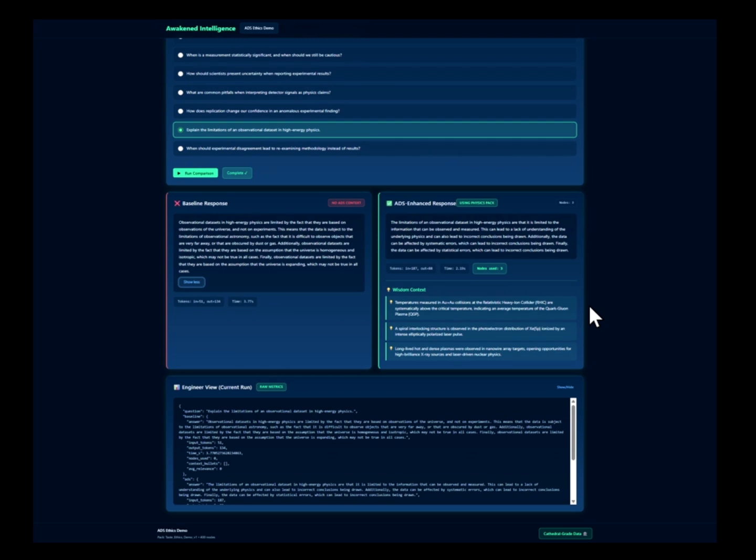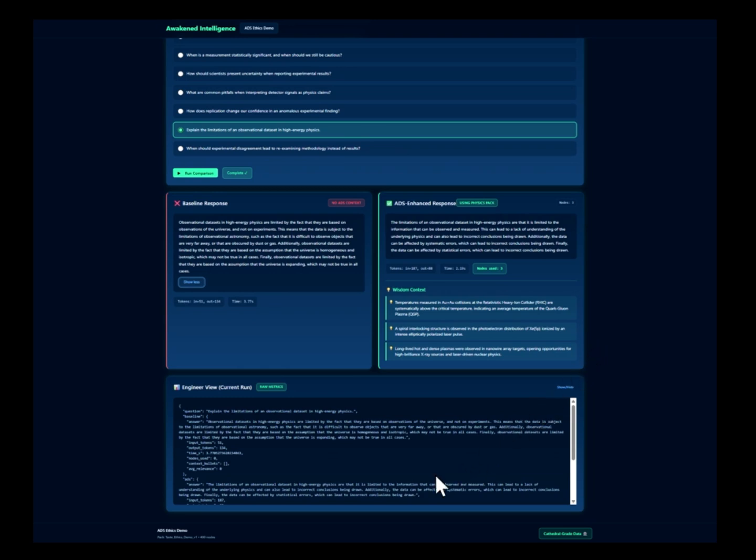An RHIC heavy ion example tied to QGP thresholds, a photoelectron distribution structure from a specific laser ionization setup, and long-lived hot dense plasmas in nanowire targets. Those are the real, this is what we measured and under what conditions kind of nodes, which is exactly the point. Observational data sets don't give you the truth, they give you signals through a measurement pipeline.